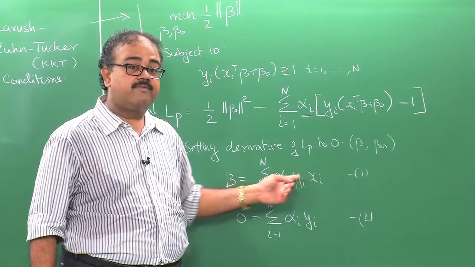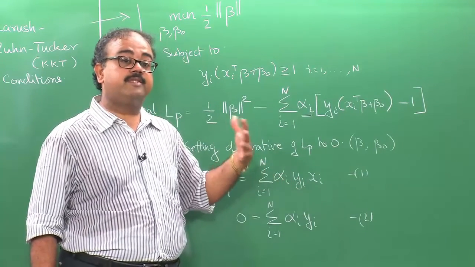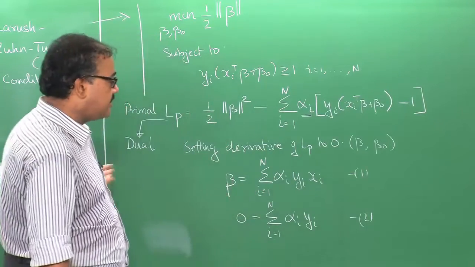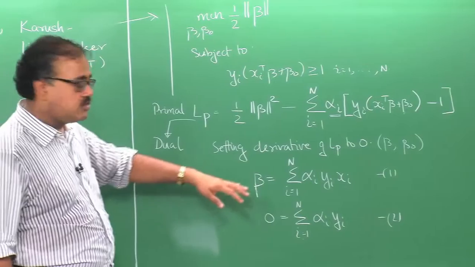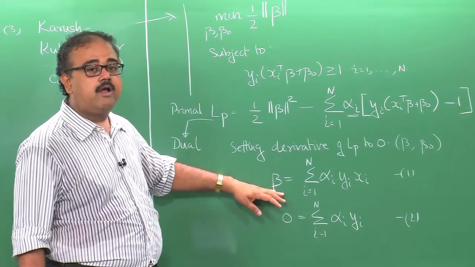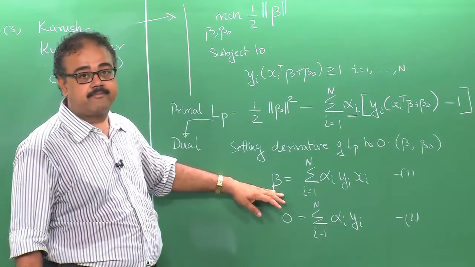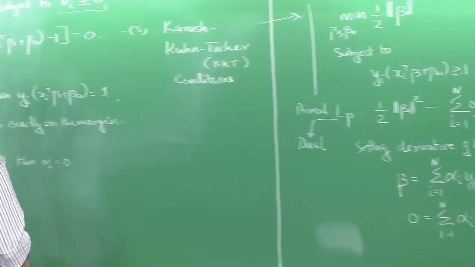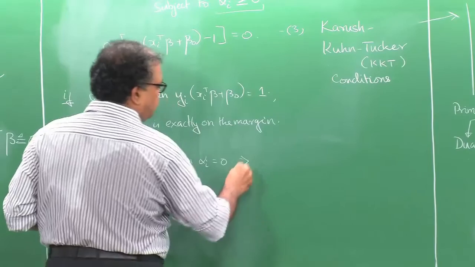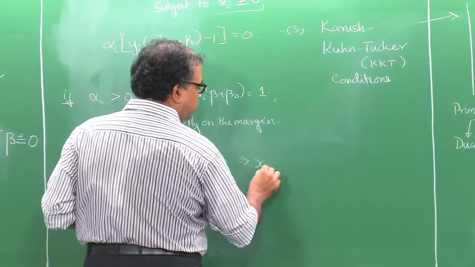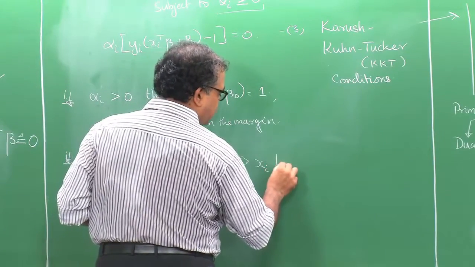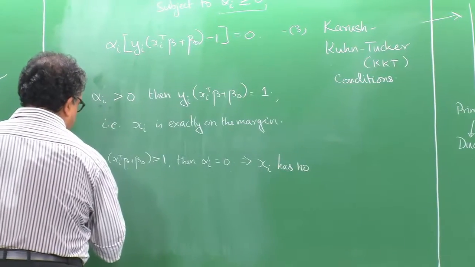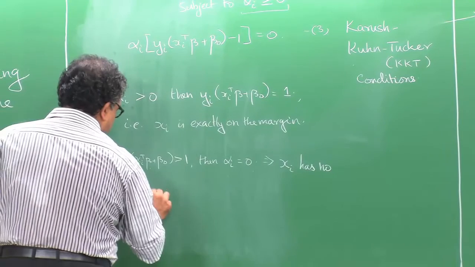If an alpha i is going to be 0, it essentially means that the corresponding x i has no role to play in determining what my beta should be.